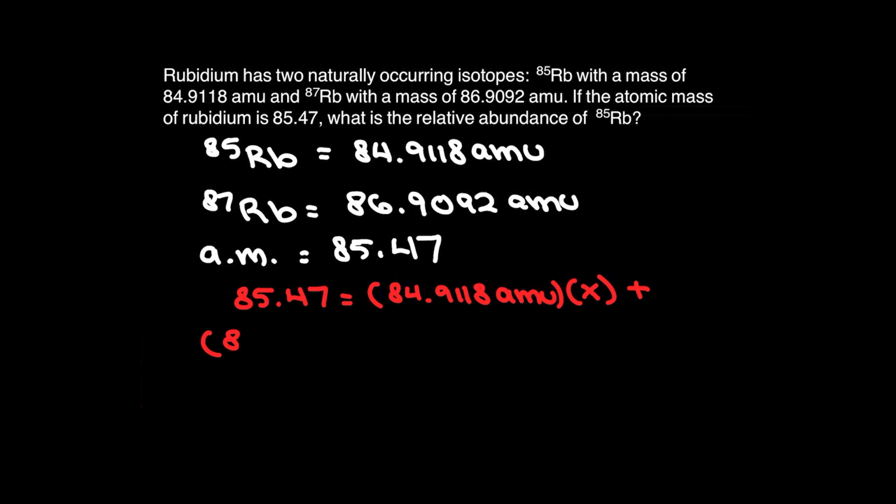We get 86.9092 AMUs times 1 minus x, because we want to get to 100%. So 1 minus the percent abundance of the isotope of rubidium that has the mass of 85 would give us 100%. So we do this, and that is all of it written out.